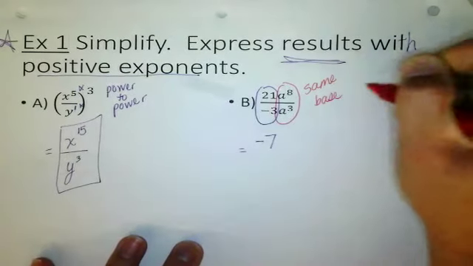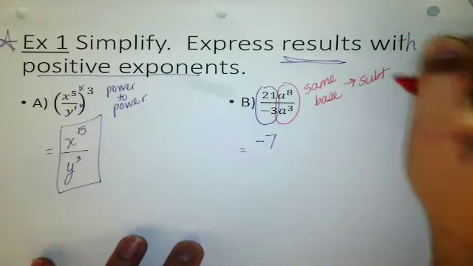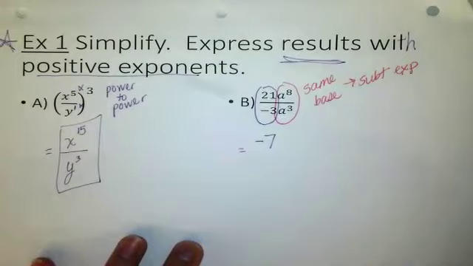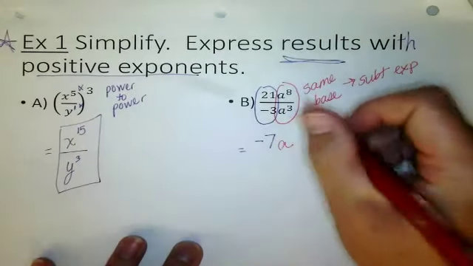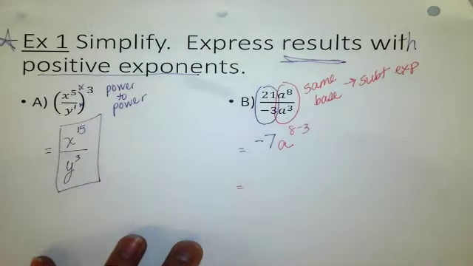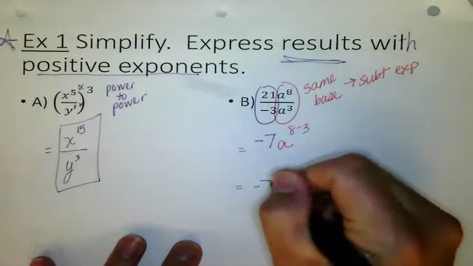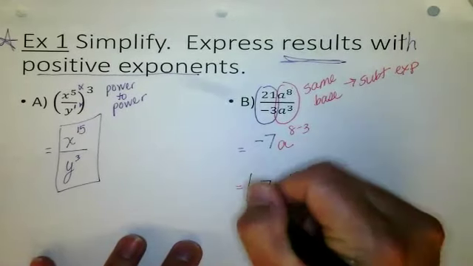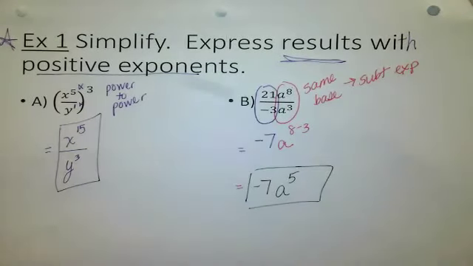And what can we do when they have the same base? Subtract the exponents. So my base stays the same, and we're going to do 8 minus 3, which is 5. So we get negative 7 a to the 5th. All right, and could you do that in one step? Absolutely.